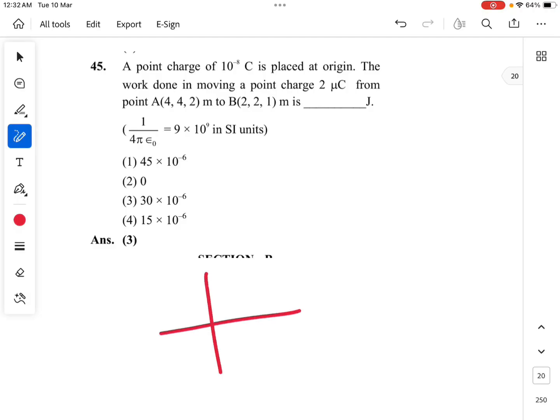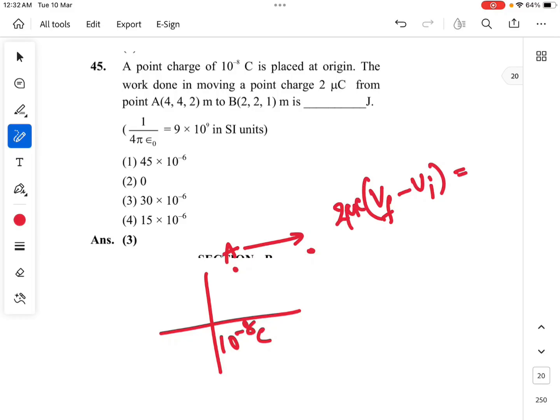See, what he says is, at the origin you have 10 power minus 8 coulombs charge, and at some point (4, 4, 2) you have a point A, and at another point B (2, 2, 1) you have another point, and a charge is moved from A to B. So always final potential minus initial potential you will do to find the potential difference, then multiplied by the charge which is moved, that will give you work done.